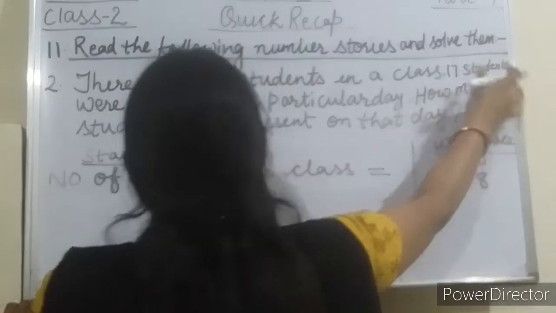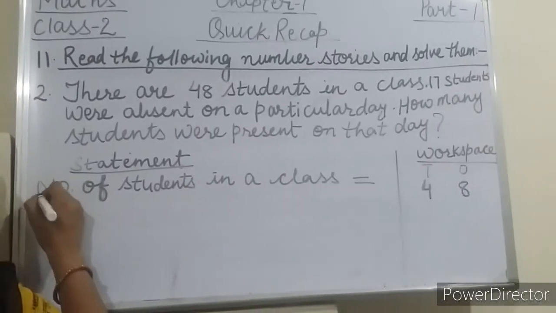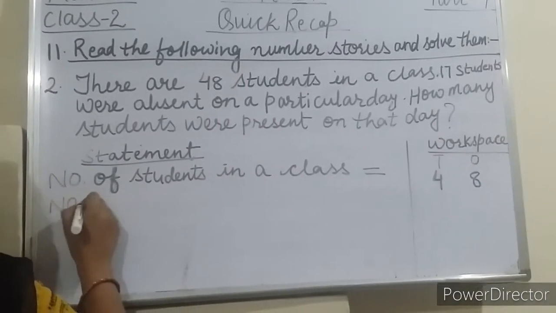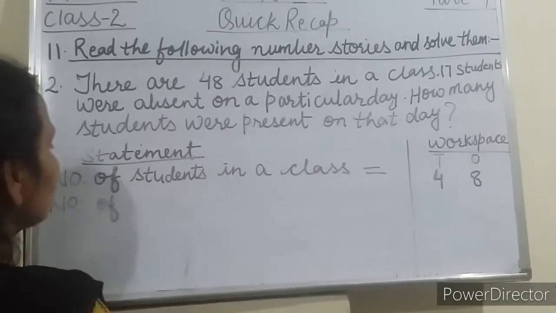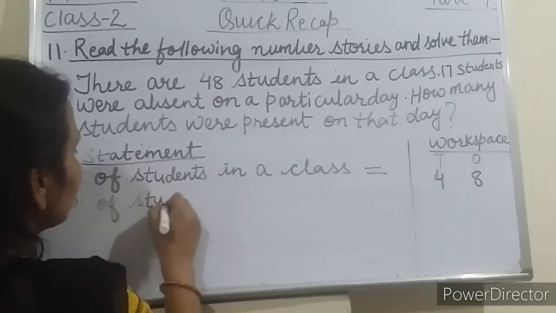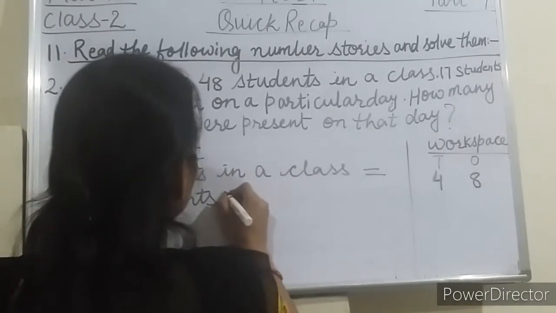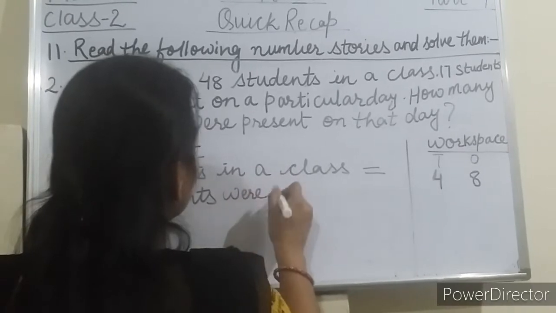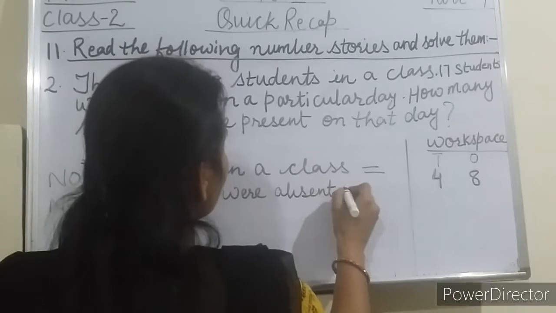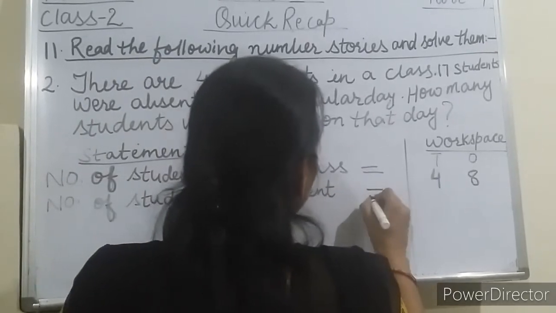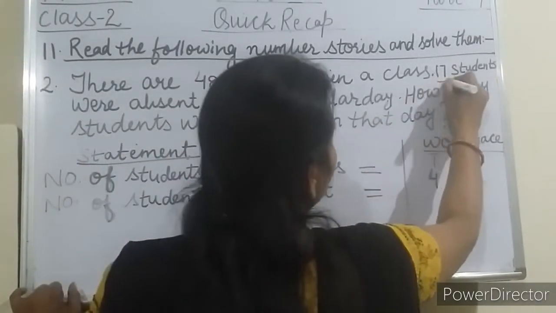So 17 students were absent on a particular day. So what will we write? Number of students were absent is equal to how many students were absent? 17.